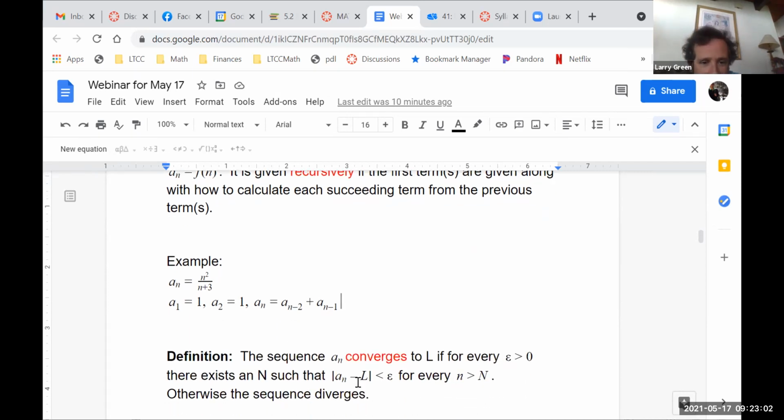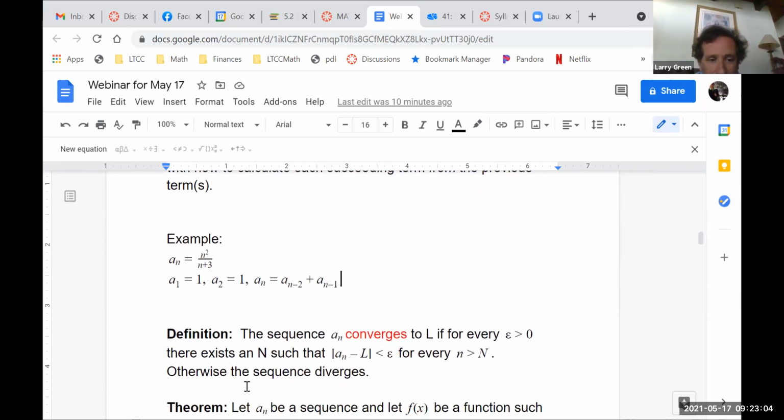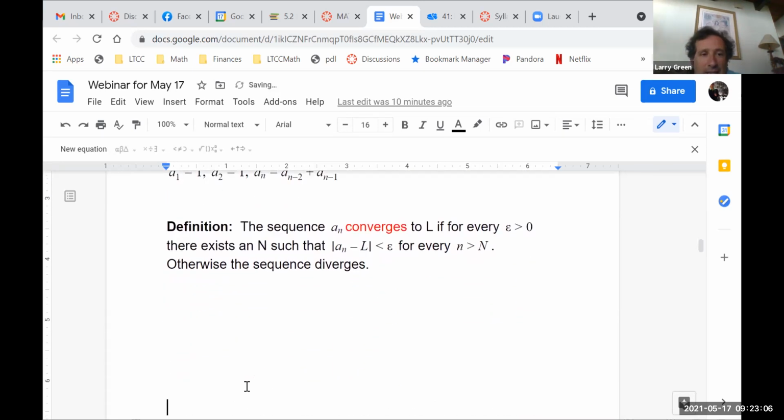Okay, so now comes a big deal. And we're going to be spending a huge part of the rest of the class on this definition. Not memorizing the definition, but deciding whether a sequence converges or diverges. In fact, I forgot to make it red.